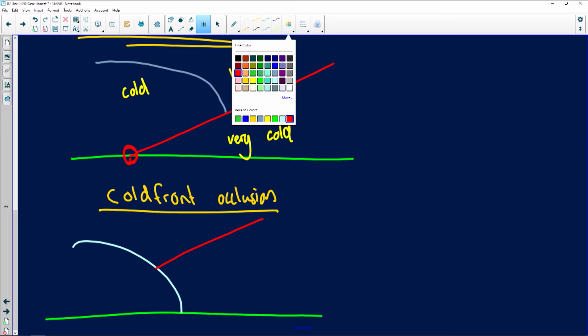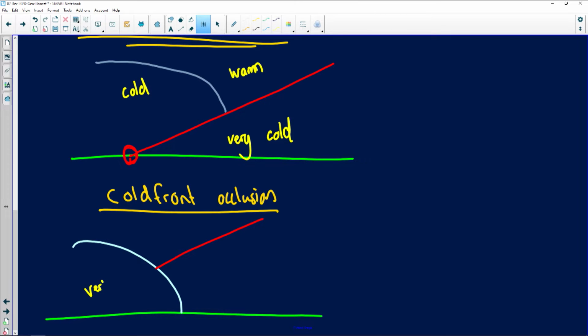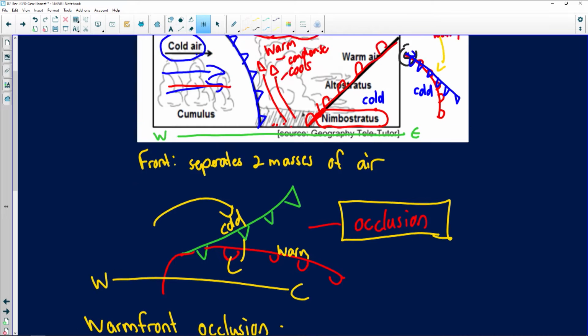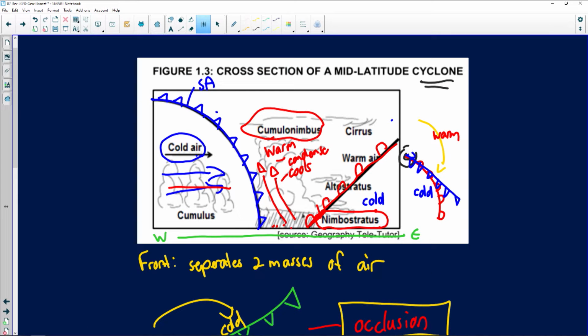The simple reason why is that the air behind the cold front is extremely cold, very cold. The air in front of the warm front is only cold. It's not as cold as the air behind the cold front, and all the warm air has been displaced. We rarely see the occlusion stage in Southern Africa. We only experience the cold front.